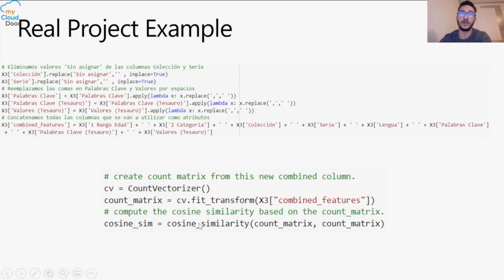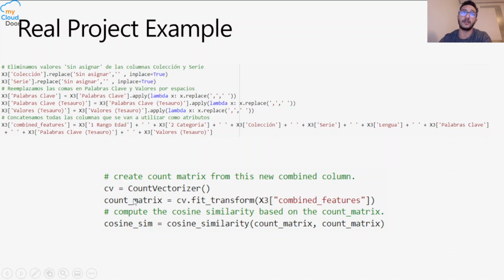So basically, when you import the scikit-learn library, you import this feature as well, cosine similarity, and that way you provide it with the two matrices, which is the same matrix twice, and the matrix will contain the number of words for each item.